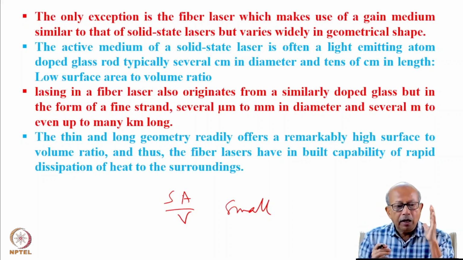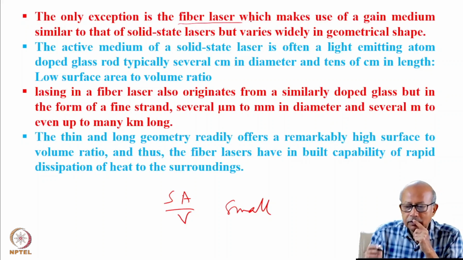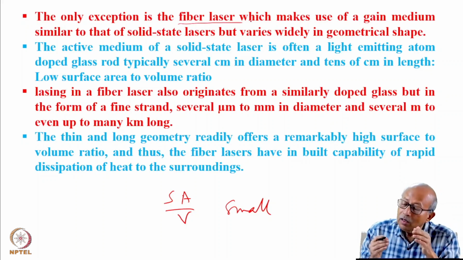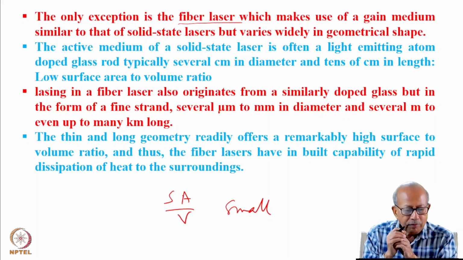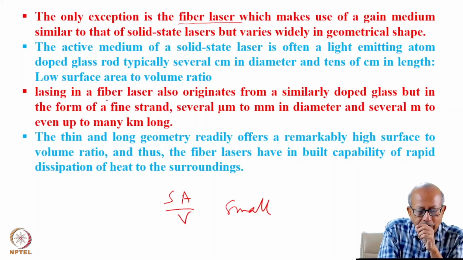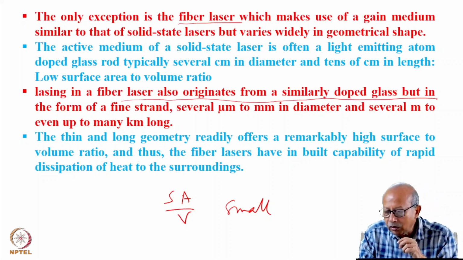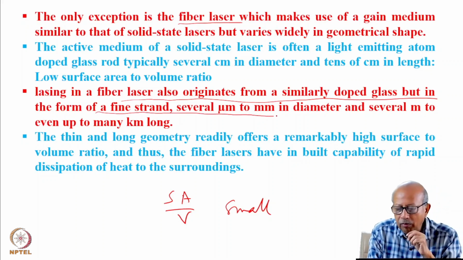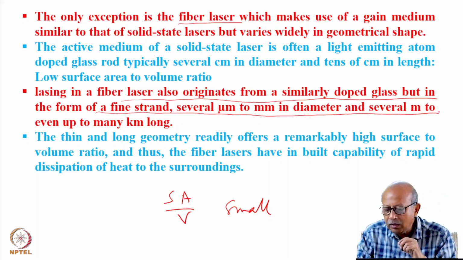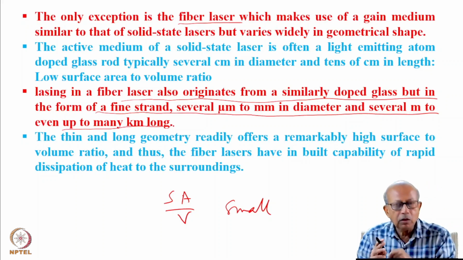The one exception of the solid state laser is the fiber laser, which makes use of the similar gain medium as that of a conventional solid state laser, but here the lasing originates from a similarly doped glass but in the form of a fine strand several micron to millimeter in diameter and several meter to even up to many kilometers long.